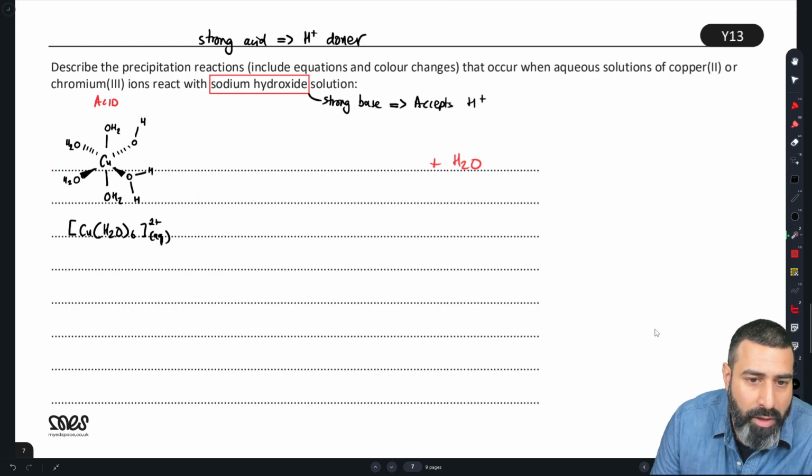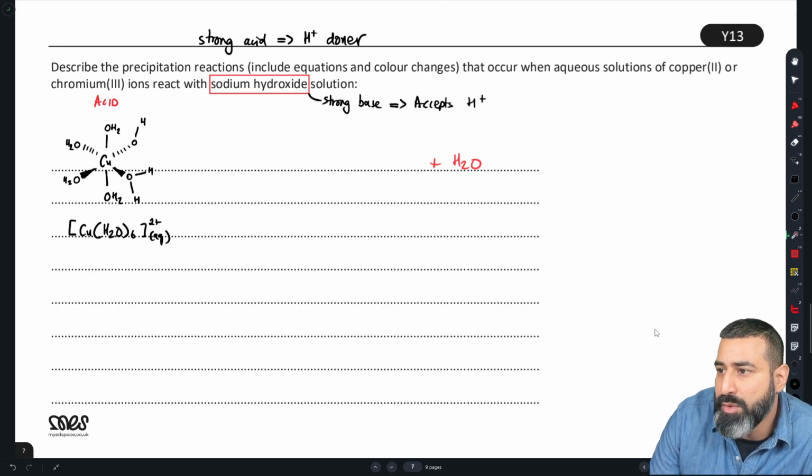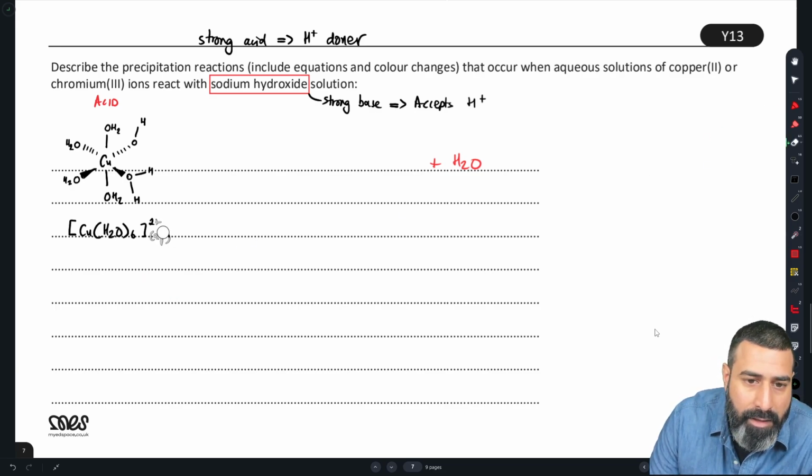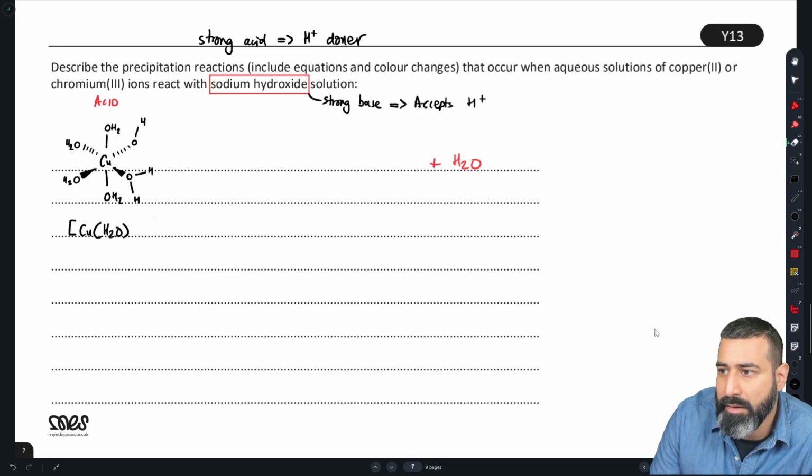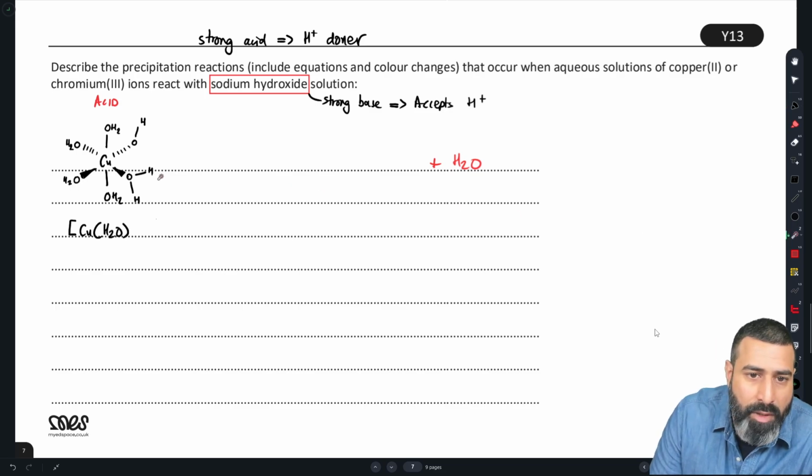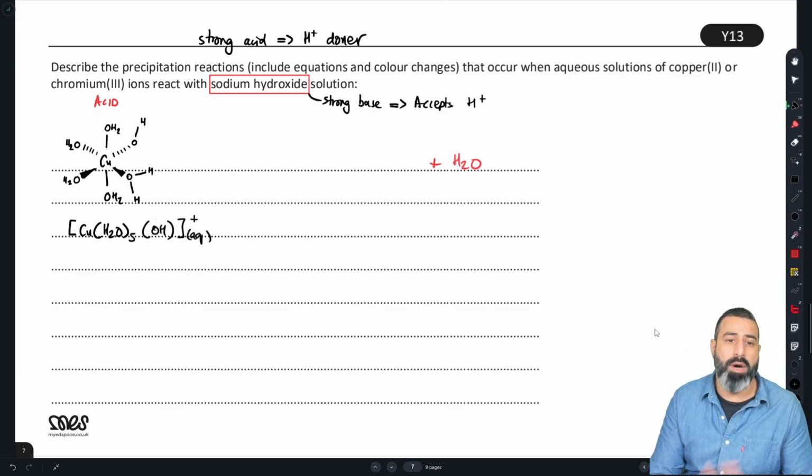So it's no longer [Cu(H2O)6]. What is it? Let's think about this. It's now Cu, H2O 1, 2, 3, 4, 5. So we're sort of going to show this in real time. And we've got one OH there. And now it has a +1 charge because hydroxide is 1-.